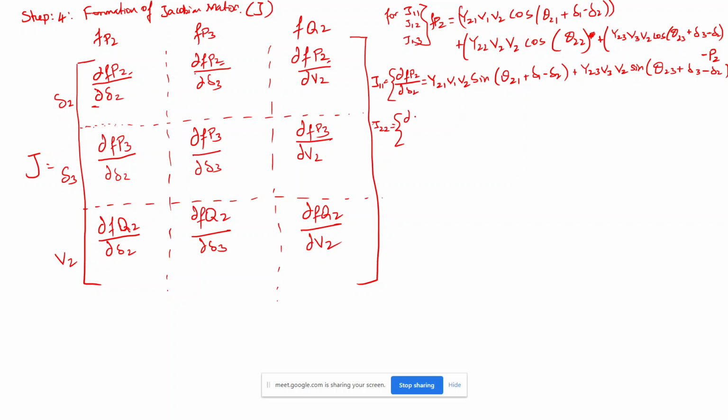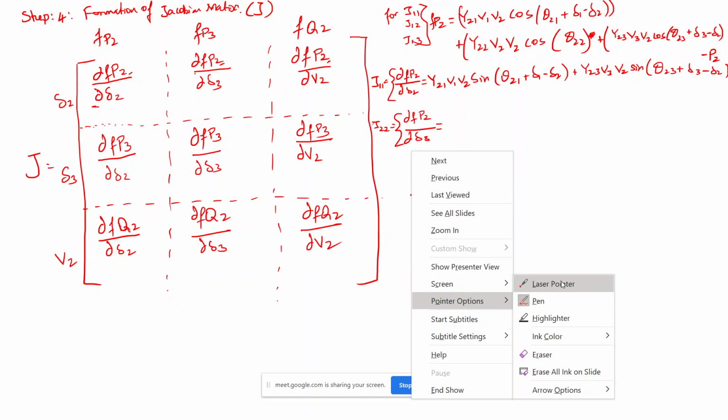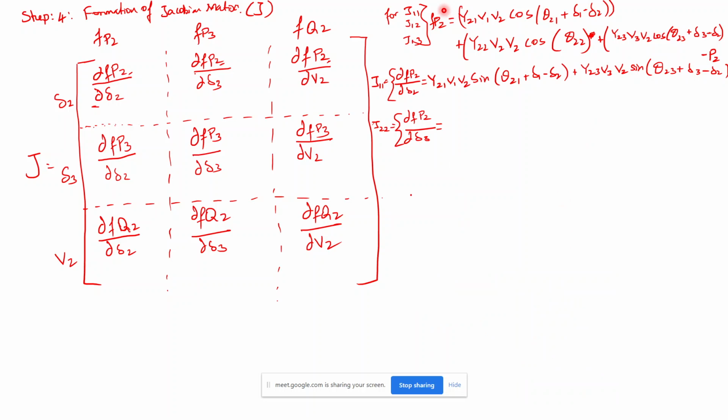And what will be for J22? J22 is nothing but dou FP2 divided by dou delta 3. So is any delta 3 there in the first component? You can see in P2, is any delta 3 there?